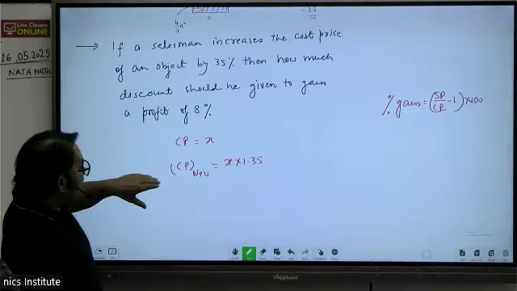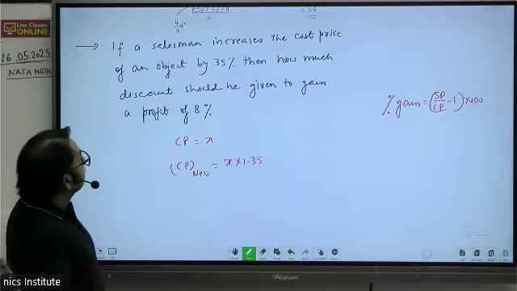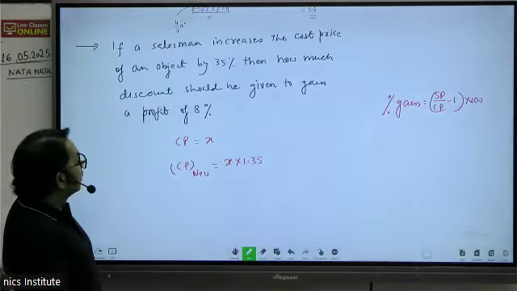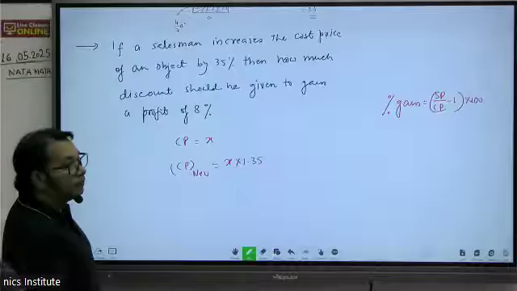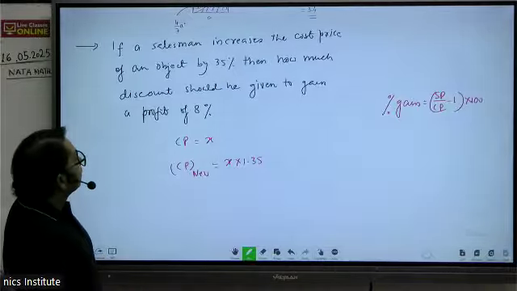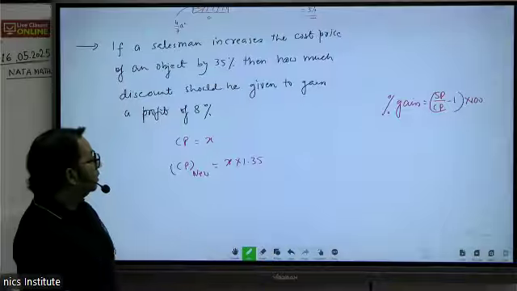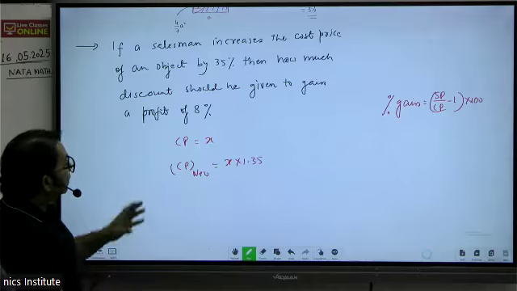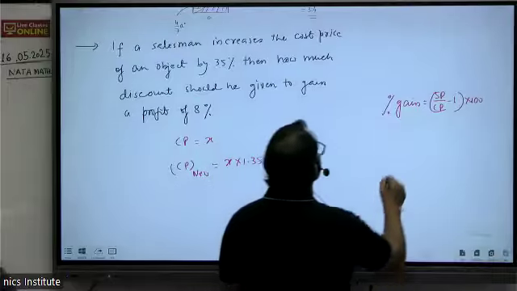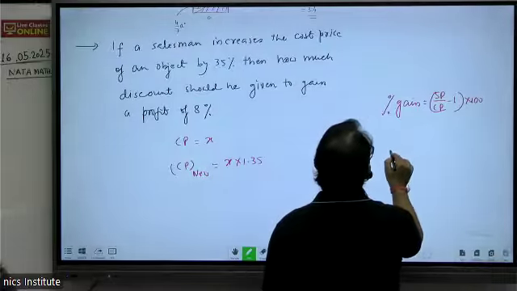So this will be basically the sell price for the person, isn't it? This would be SP for the person he's selling it to. So you have to give some kind of discount on this to gain 8% of profit. So say this is 8%.